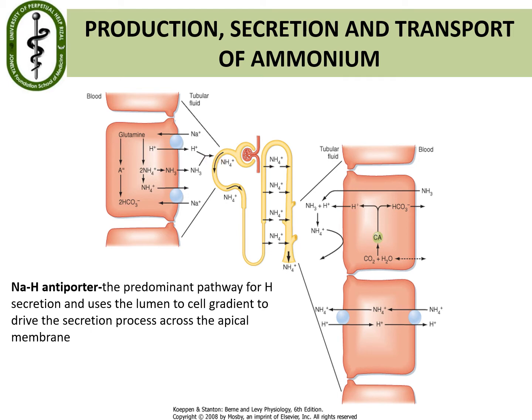The secreted ammonium is reabsorbed in the loop of Henle, especially in the thick ascending limb, and accumulates in the medullary interstitium.